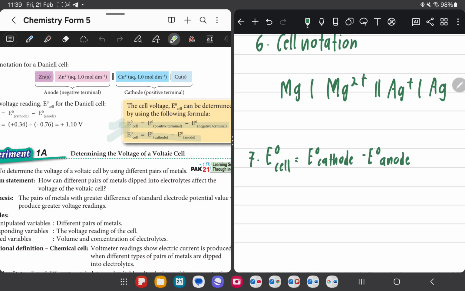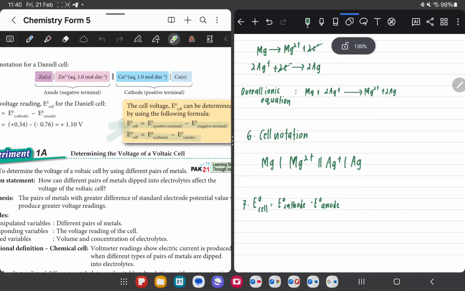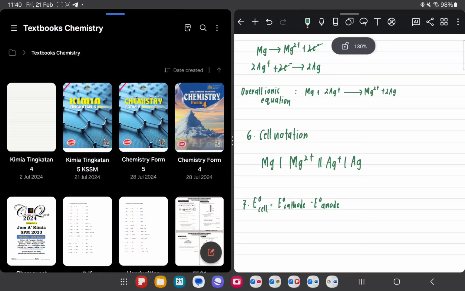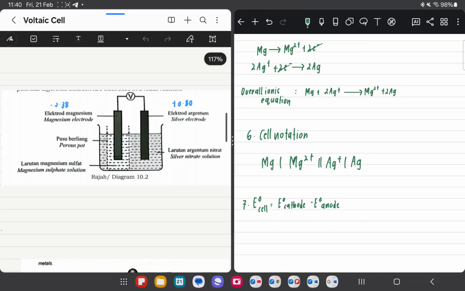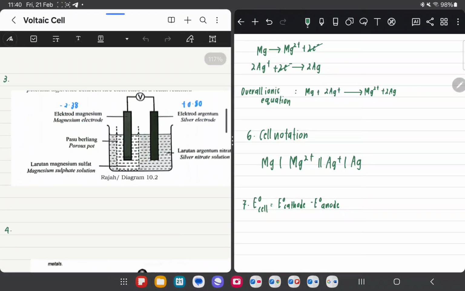Why do we use minus? Because the balance between both of the cells, I mean, wait, I'll show you the question again. The balance for this one occurs when both of them have reached a stable value. They are balancing, which is their potential difference.